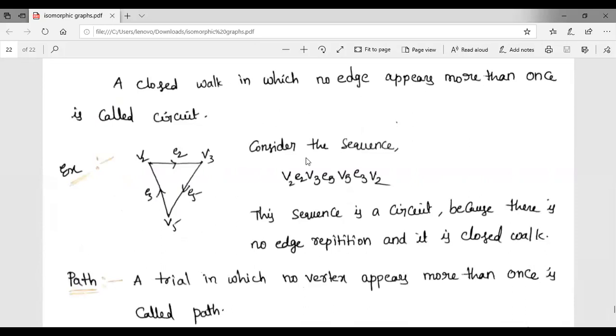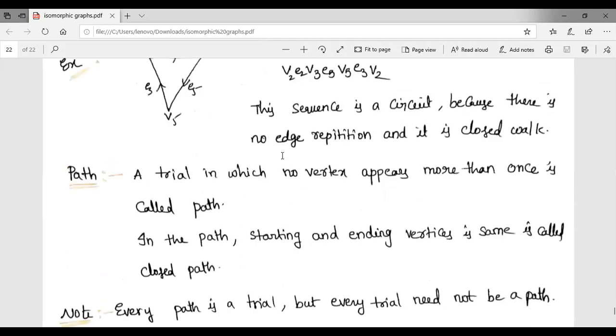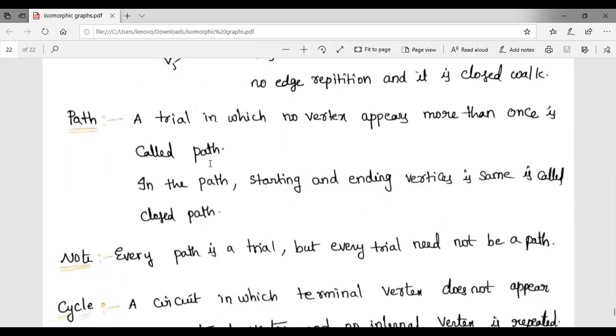If we consider the sequence V2, E2, V3, E5, V5, E3, V2, the sequence is a circuit because there is no edge repetition, and it is a closed walk because it starts with V2 and ends with V2. In this closed walk there is no edge repetition, so it is a circuit.